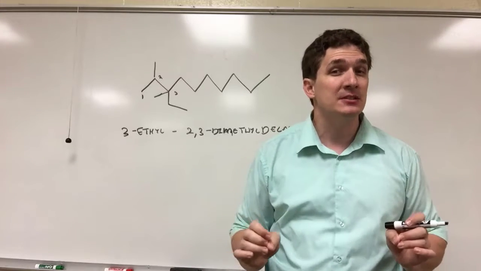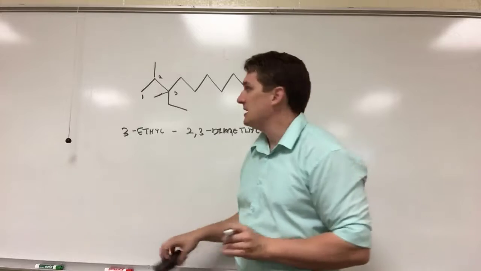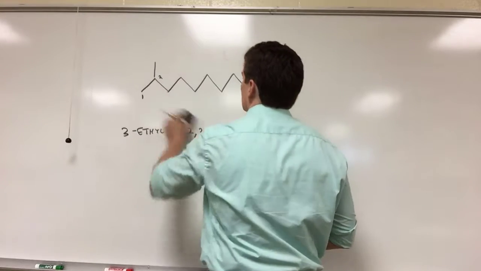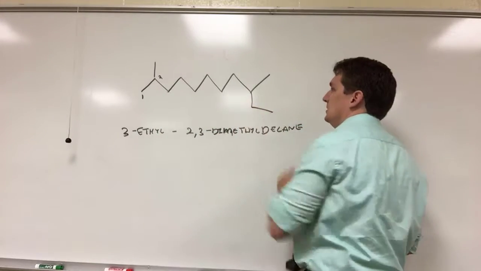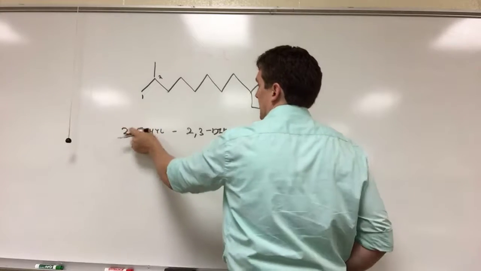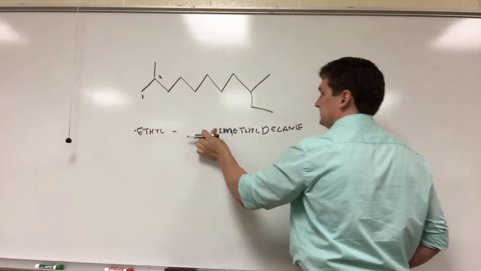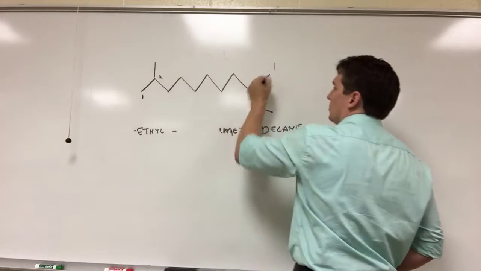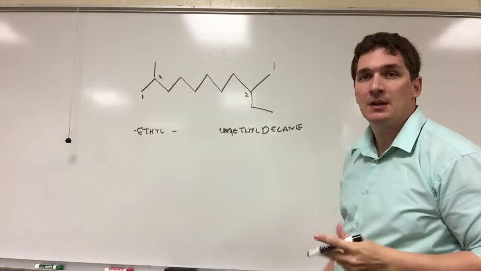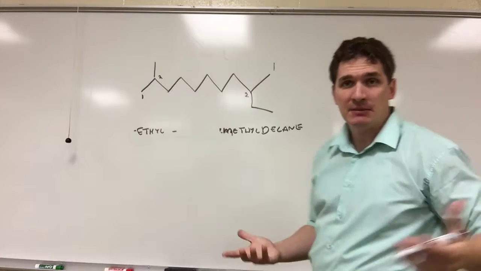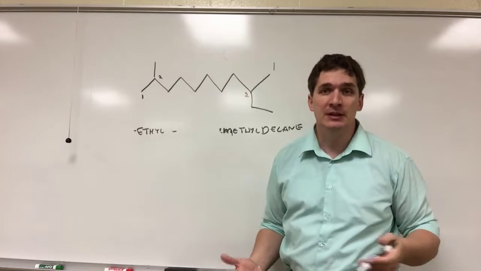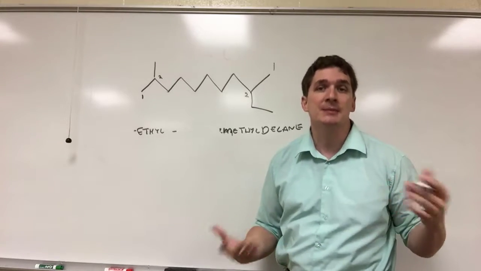is not as obvious as it looks sometimes. Let's say you have this. So we have an ethyl group and a methyl group. So we can do 1, 2, or we can do 1, 2. Which one do we pick? Because the nice thing about IUPAC is you can still name it wrong and still be able to recreate the structure. It's just not named correctly.